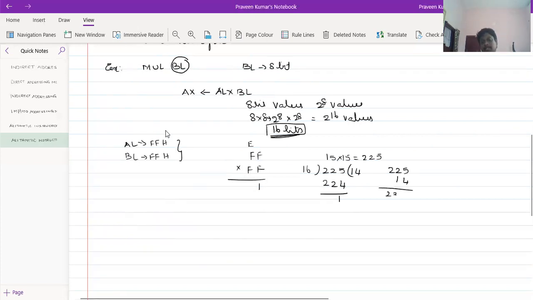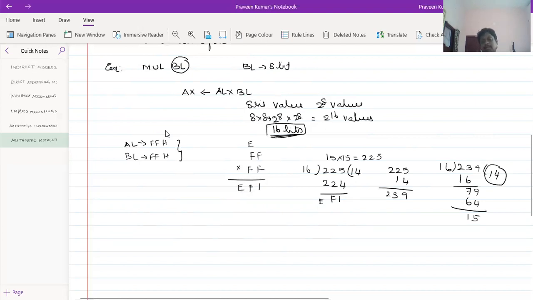So what I am getting is 239. 239 divided by 16 gives 14 with remainder 15, so 15 is equal to F and the remaining value 14 is equivalent to E. Therefore I place it over here: E, A, F, E.